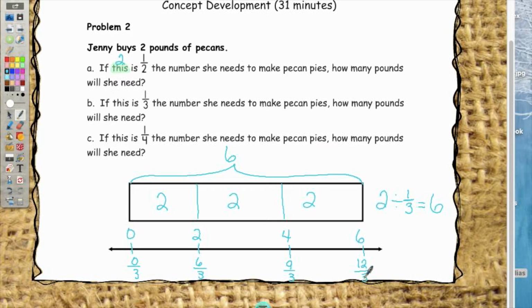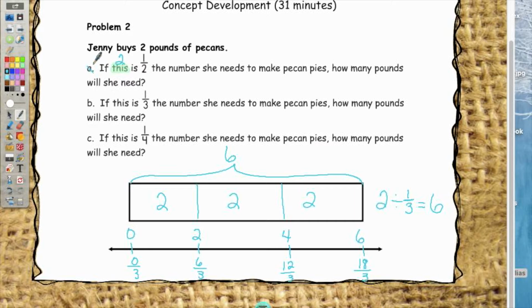Wouldn't number 4 be 12? Yes. Okay, so it's going to be 0/3, 6/3, 12/3, 18/3. Good.